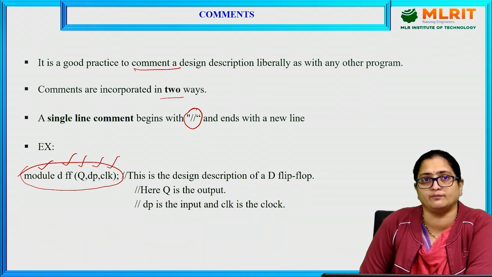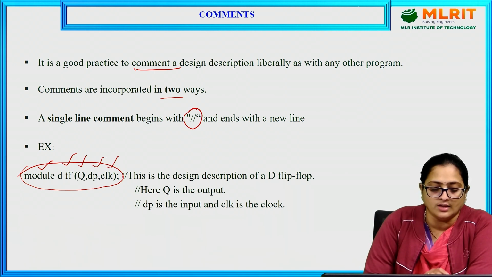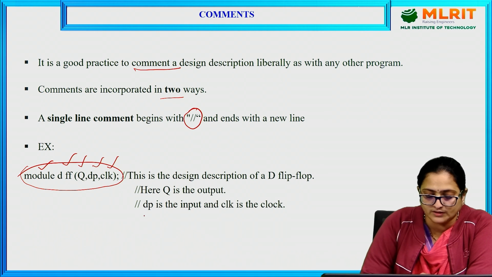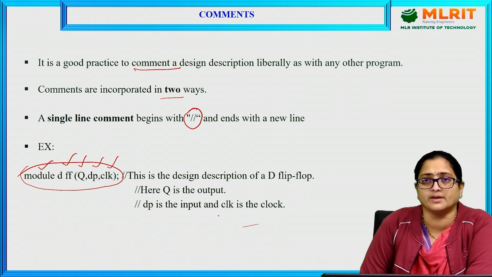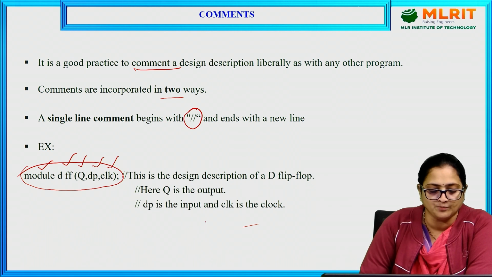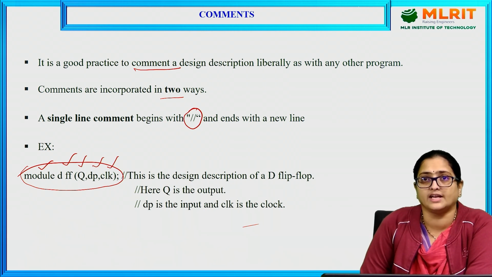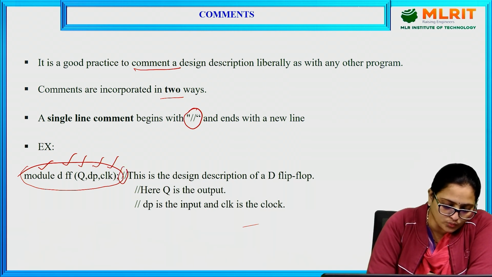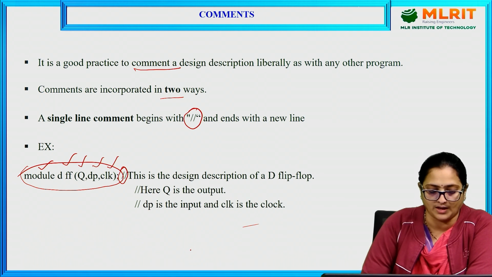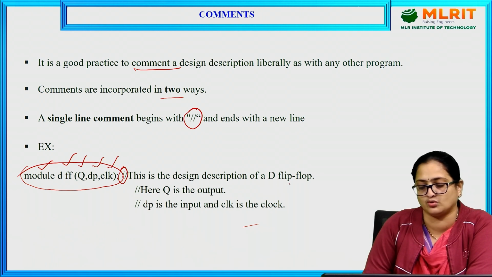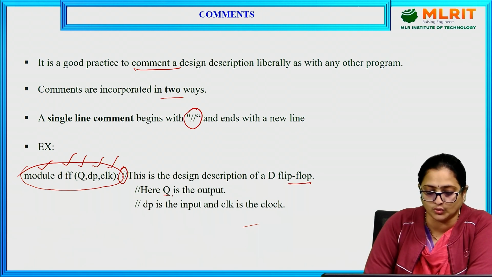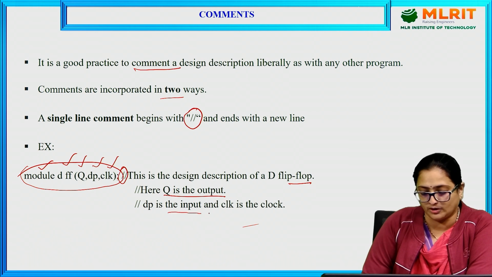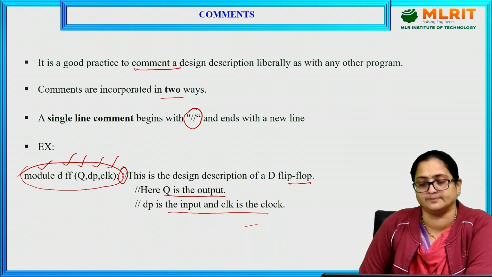If I give this in terms of comments, then it will be very easy for others to read the lines. So as I'm using single line comments, I'm using two slashes and writing, this is a design description of D flip-flop. Here Q is an output, D and clock are inputs.